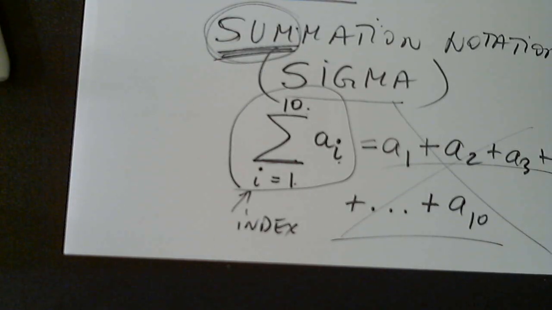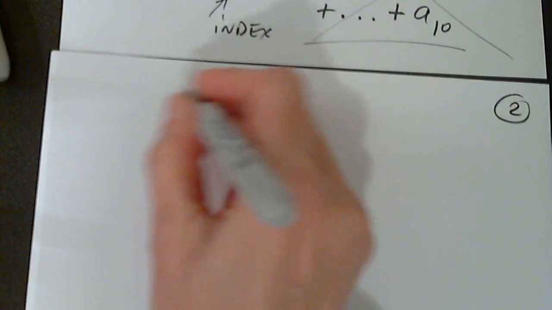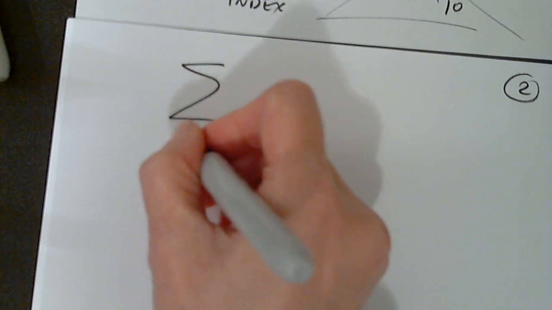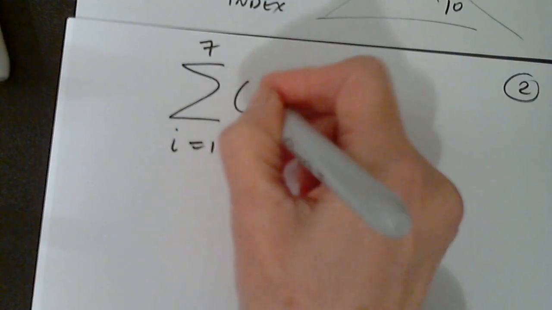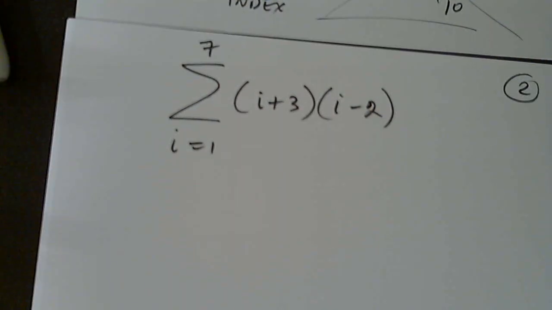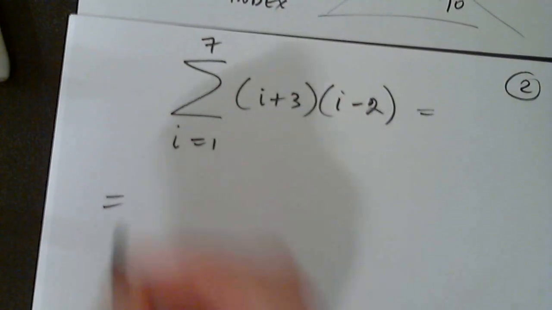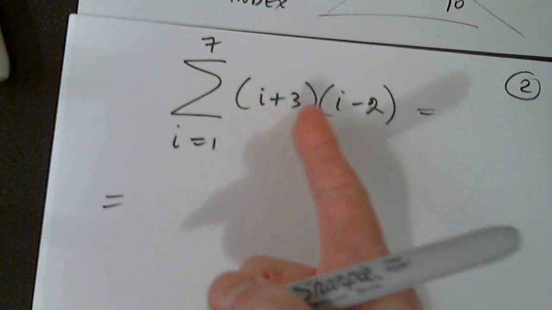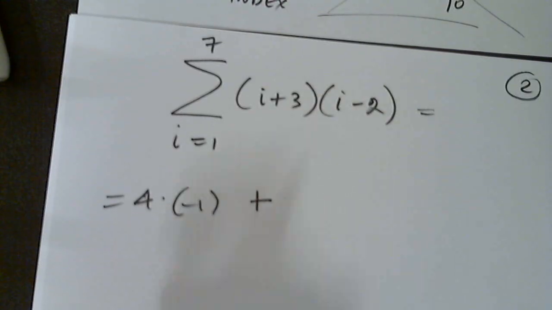Okay. What if I am asked to calculate the sum from i equals 1 to 7 of (i plus 3) times (i minus 2)? What does this mean? Okay, it means this. When i is 1, 1 plus 3 is 4, 1 minus 2 is negative 1, plus.